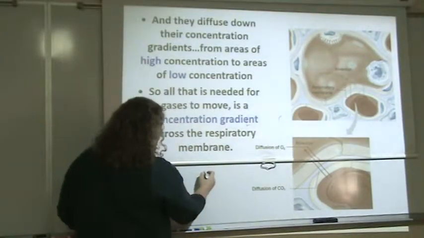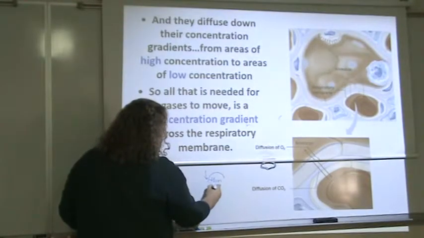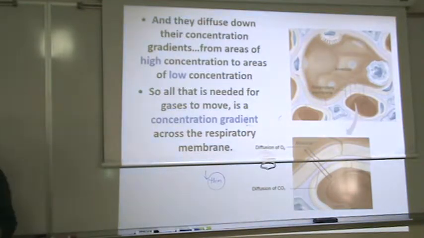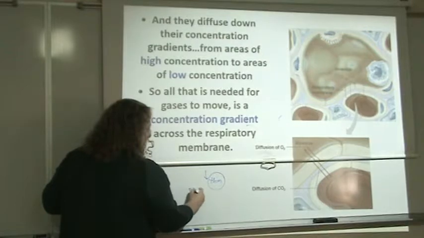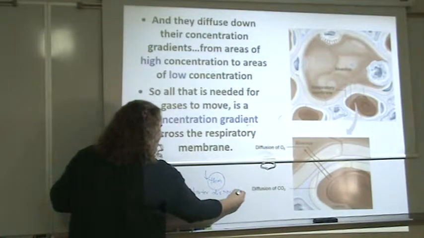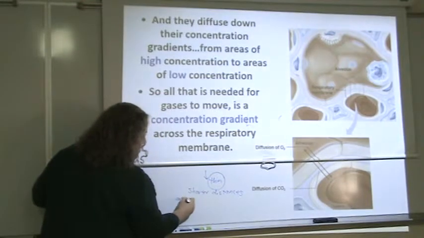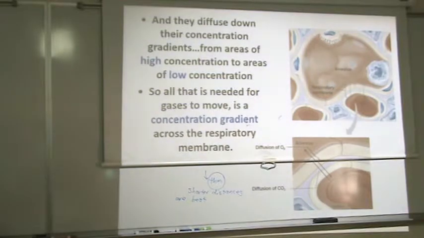So we'll look at a picture next of respiratory membrane, but that needs to be thin. So it needs to be thin and shorter distances are best. So diffusion works best when there's a thin region to diffuse through and you're not trying to go far. Okay, so that's what we need for diffusion of gases.